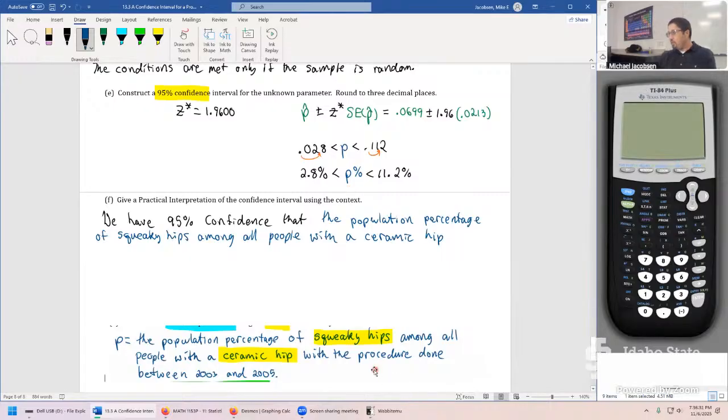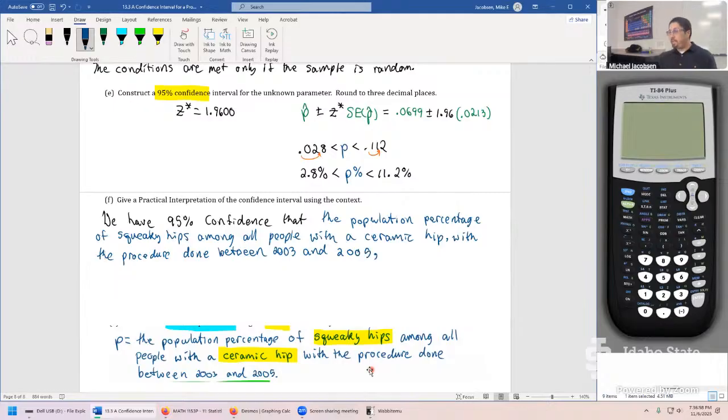And let's keep on going with the procedure done between 2003 and 2005.